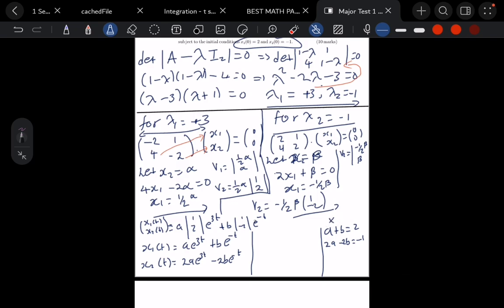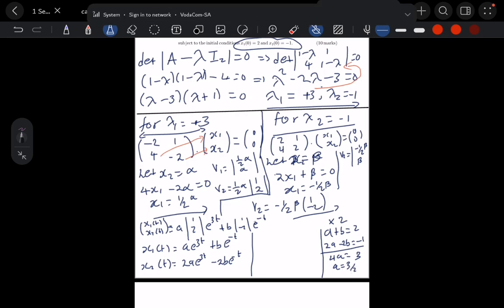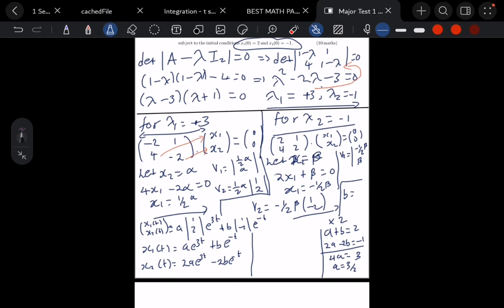If I multiply the first equation by 2, I'm going to have 4a is equal to 4 minus 1, which is going to be 3. So your a is going to be 3 over 2. If a is 3 over 2, what would be the value of b? It's going to be 2 minus 0.75, which is going to be 5 over 4.